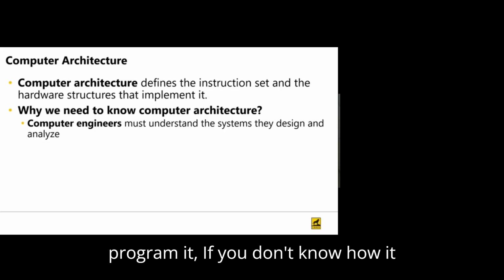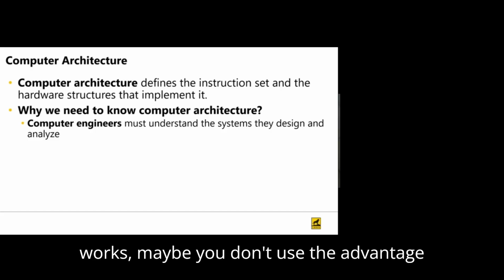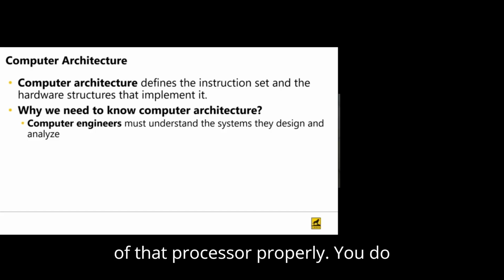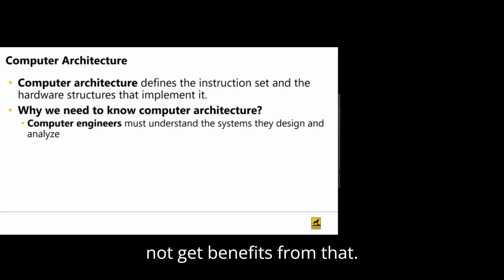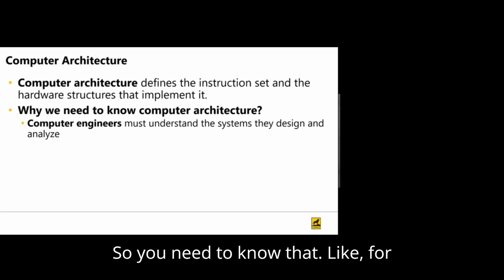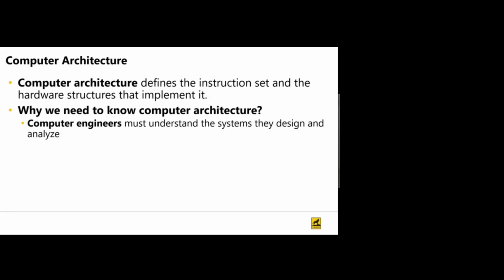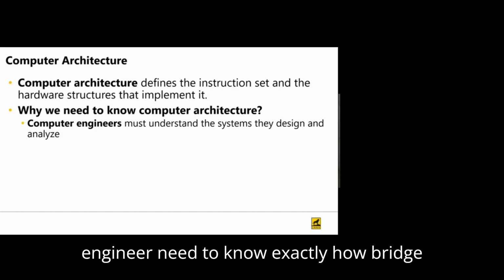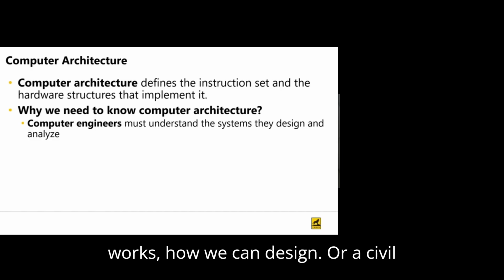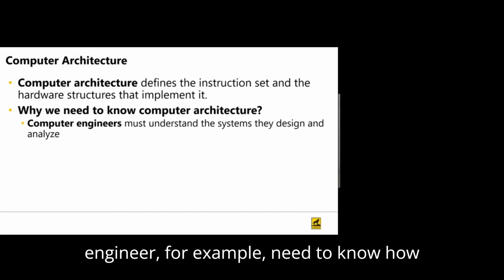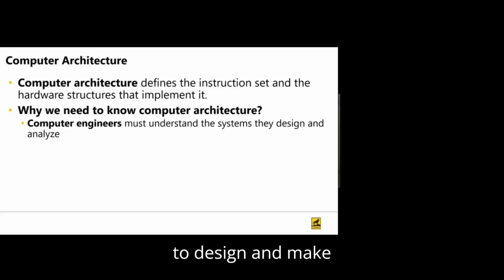Or if you want to program it, if you don't know how it works, maybe you don't use the advantage of that processor properly. You don't get benefits from that. So you need to know that. Like, for example, a bridge engineer needs to know exactly how a bridge works, how we can design it. Or a civil engineer, for example, needs to know how to design and make a house or a building.